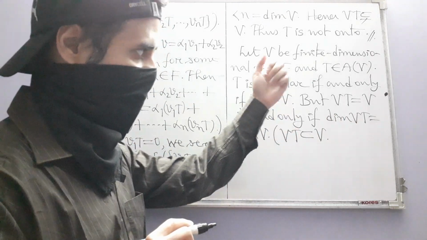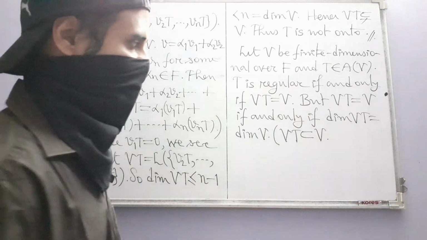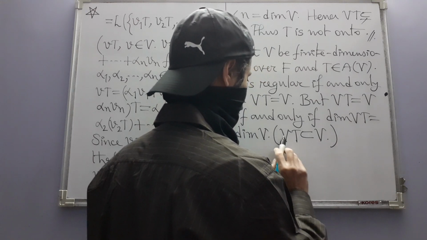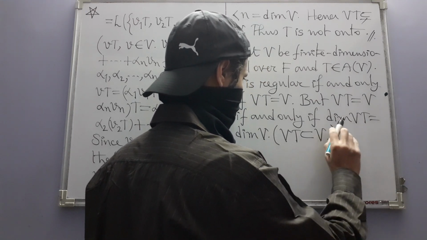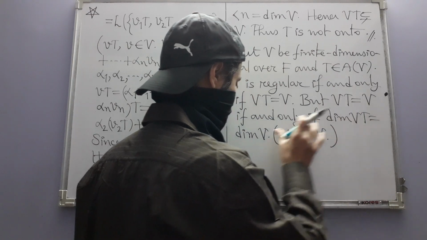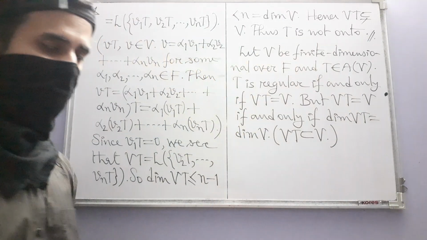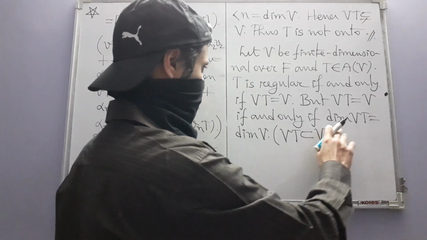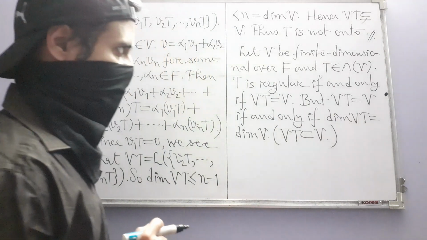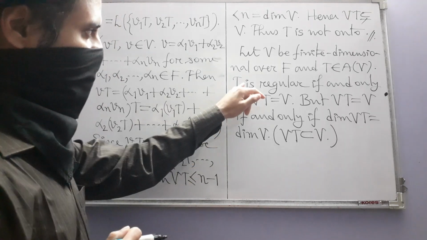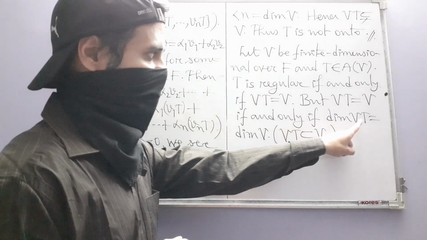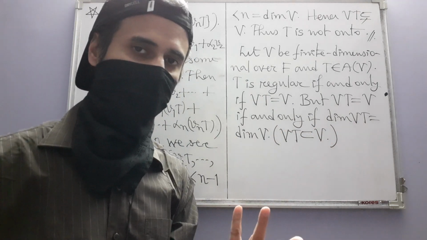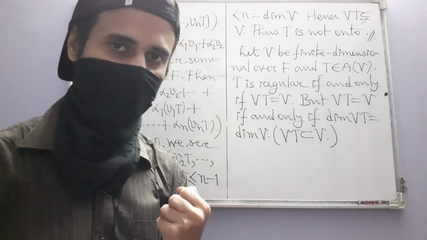It has to actually be equal to the entire space. So that's why finite dimensionality of V and this containment implies that if we have the dimensions equal, then the spaces are also equal. So that means we have got another equivalent condition for regularity of T. T is regular if and only if the dimension of its range is equal to the dimension of the space on which it's a linear operator.